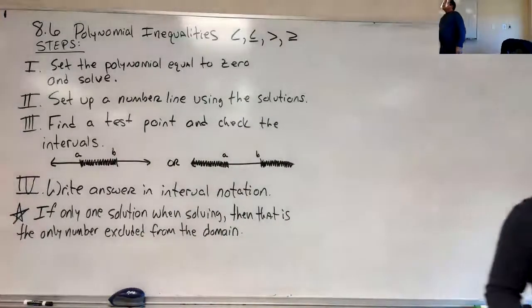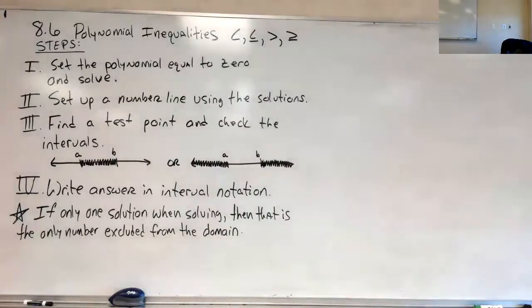Okay, so that would happen when the graph comes down and just touches the x-axis and then turns back up. Okay.